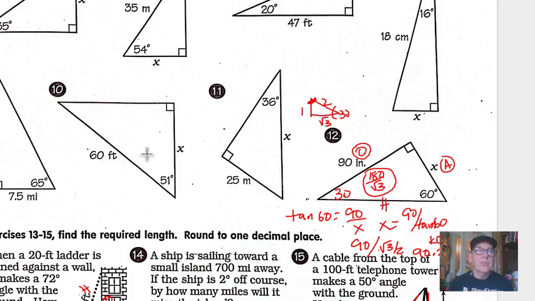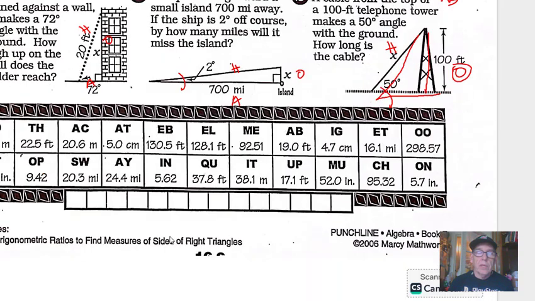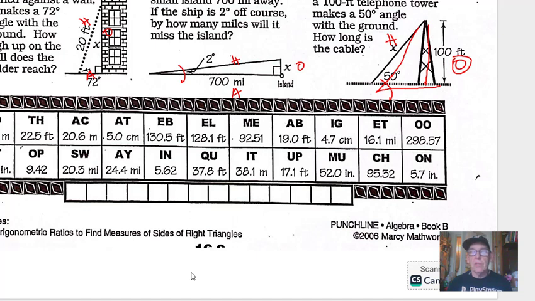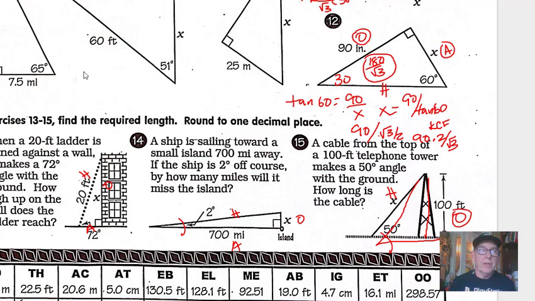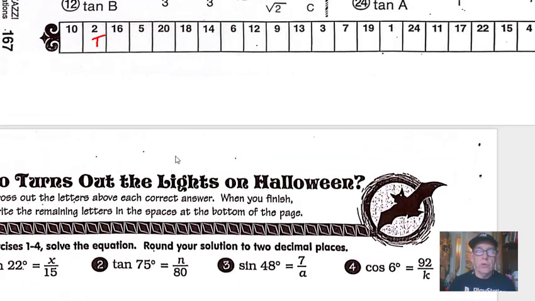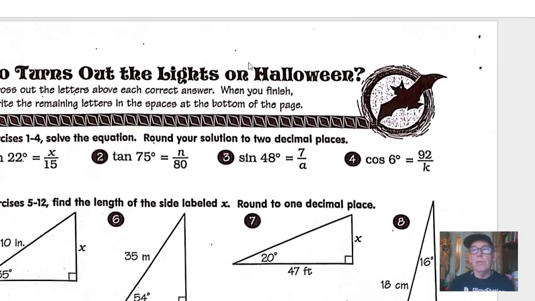But whatever it ends up being, down here at the bottom, you X the box out that goes with the answer that you found. The remaining answers in order will spell out the answer to the question, who turns out the lights on Halloween? Okay, so that's it for this packet. Thank you.